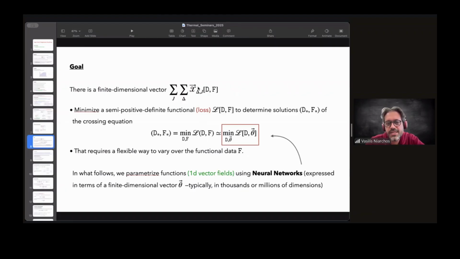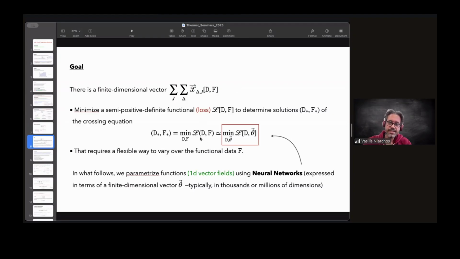And I want to minimize the size of this vector in order to satisfy these crossing equations. In other words, I want to minimize a semi-positive definite functional, which I will call a loss, that depends on discrete data, numbers, and some functions to determine solutions of the crossing equation.